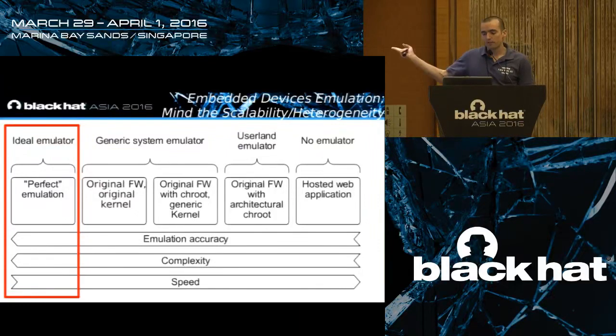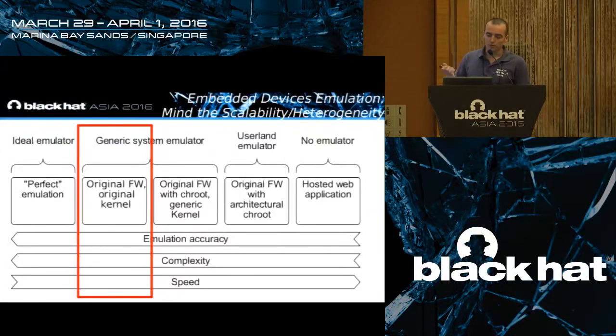There is the ideal emulator, which is a perfect emulation for any architecture, regardless of the binary and firmware you give it. You will not have to bother with anything. You just supply any kind of file, it will figure out on its own what to do, and it will provide you an emulation of that particular system.